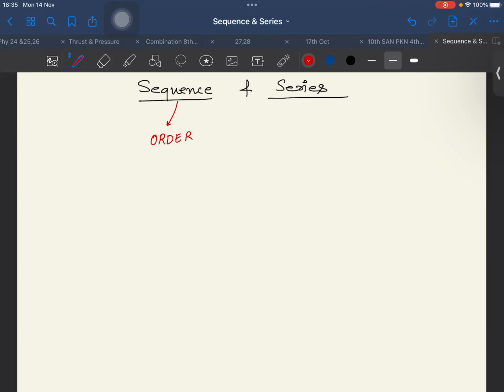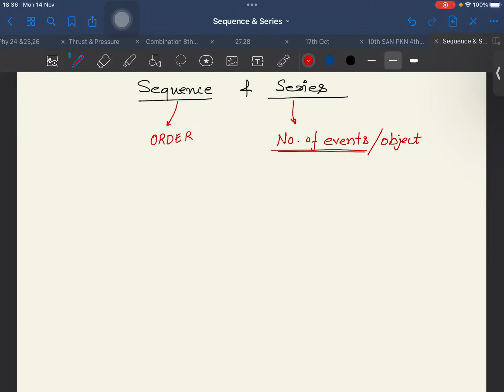Let's say object. And series, what do you mean by series? Series is composed of a total number of objects or events. So number of events in order, events or objects, whatever you feel is right.